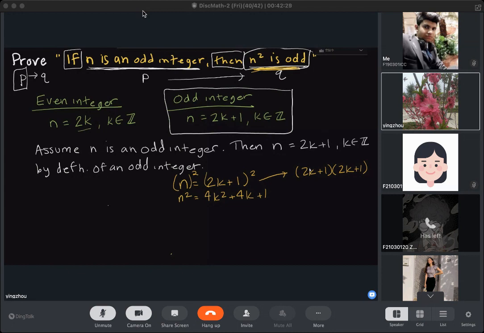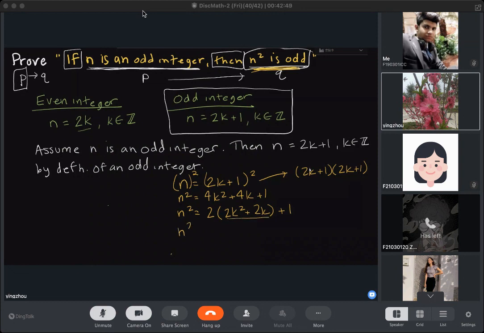So I'm going to continue by taking a 2 out of my first two terms, 2k squared plus 2k plus 1. So from here, I'm feeling pretty good because this does seem to be in the correct format. But a lot of people don't like that because there's still kind of a lot going on here.